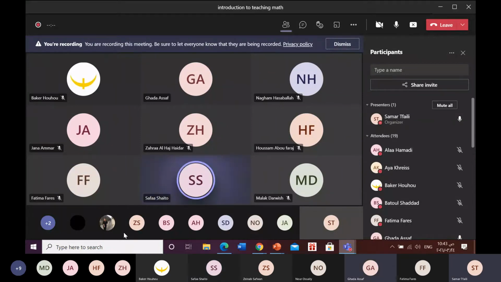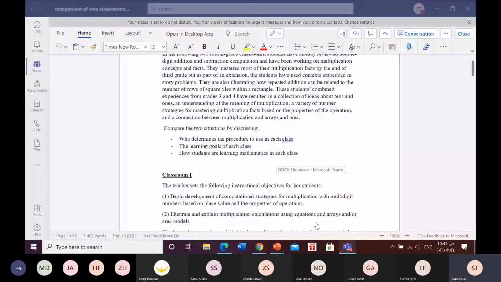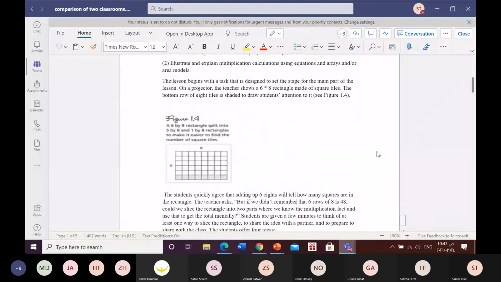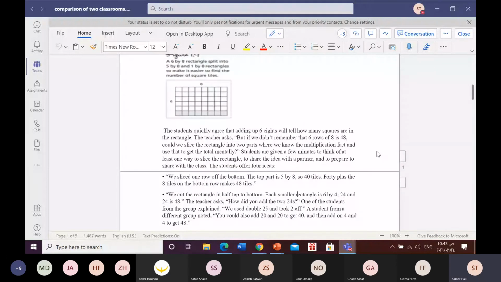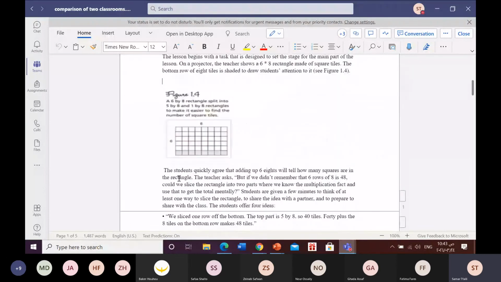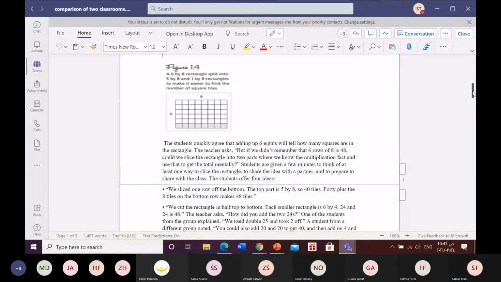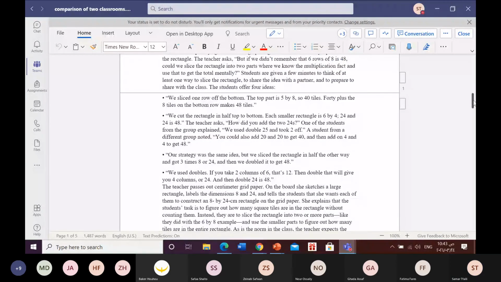Yes, doctor. Okay. So in the first classroom, I'm going back to the text. Let's look at what is happening here. The students quickly agree that adding up, here you were giving them an example.